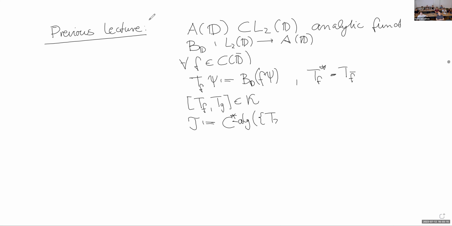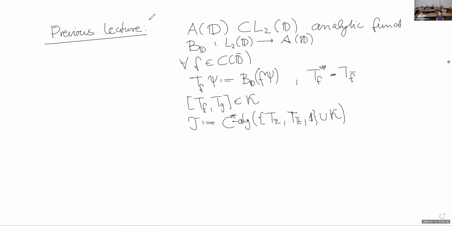We can take any Toeplitz operator, but it's enough to take the identity function, z, and we include all the compacts, which is not necessary, but we want to always have compacts as an ideal.